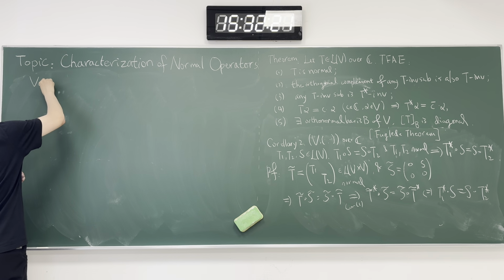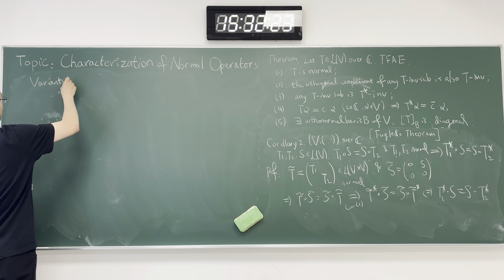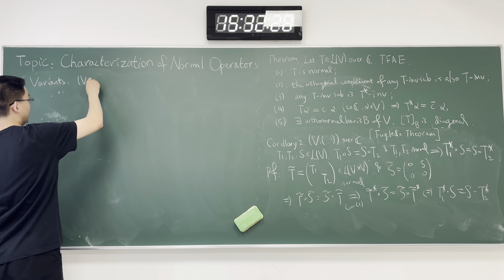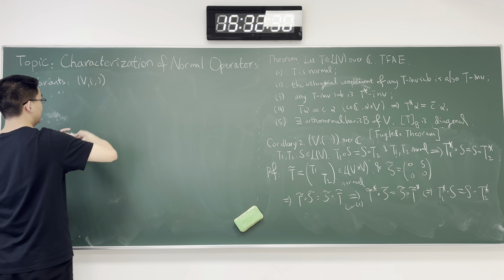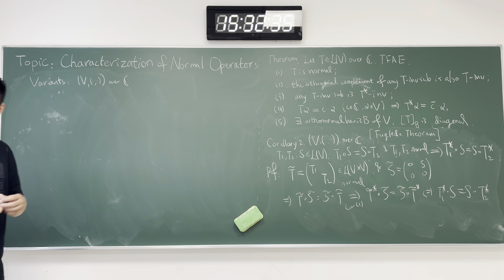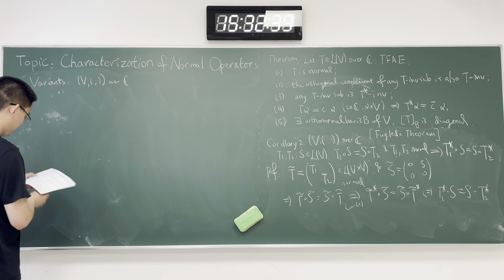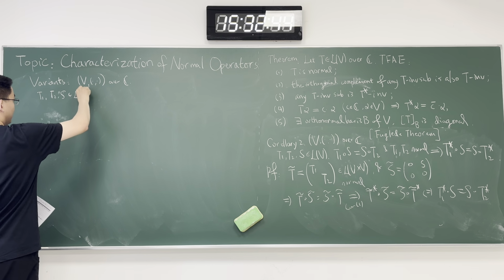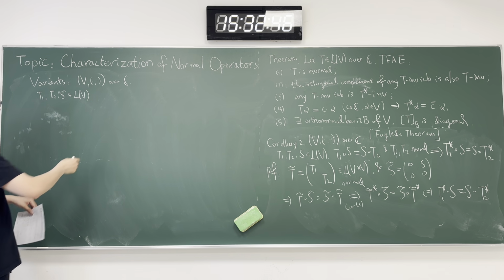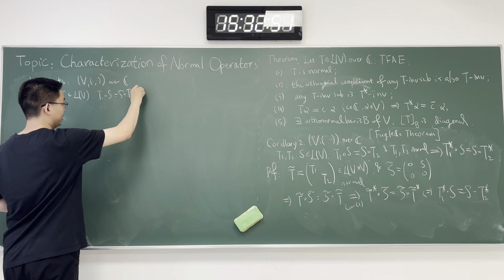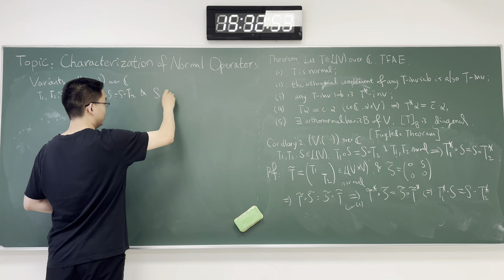So, the variant: still working on a complex inner product space, we have three linear transformations T, T1, T2 with the condition that S intertwines T1 and T2, and S is normal.